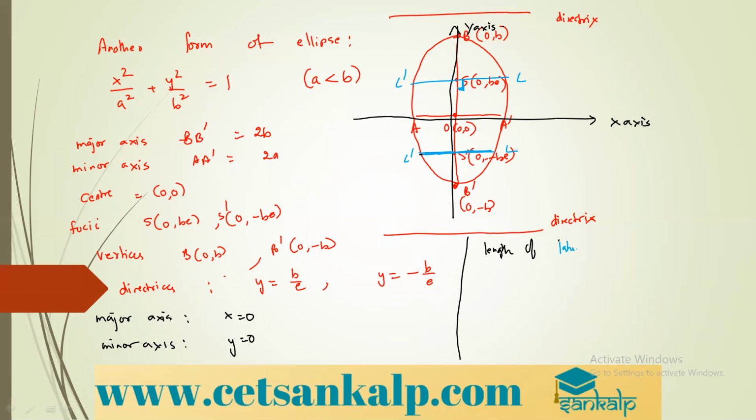So the length of latus rectum in this case of ellipse will be 2a square by b. And the equations of latus recta are x equal to plus or minus BE.